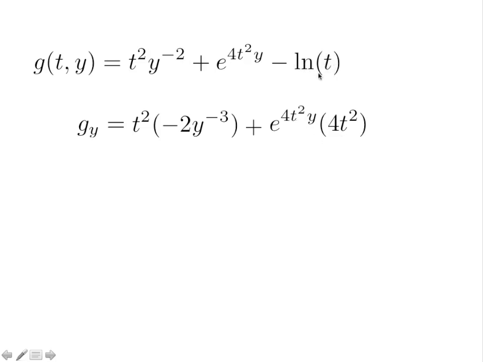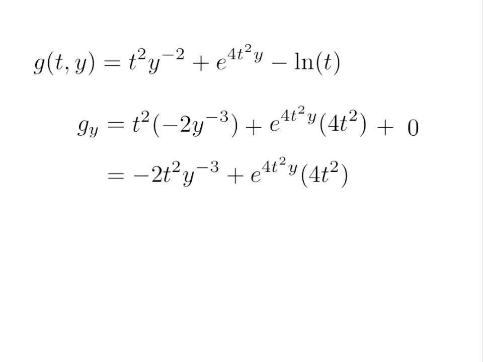And for the last term, you don't have anything related to y, so the derivative of ln of t becomes 0. Now, if you rewrite this right-hand side expression and drop the 0, you're going to get negative 2. You can bring this in front, or you can leave it like this if you want. But in this case, just for the purpose of the video, I'm just going to bring negative 2 into the front. So you just found the first partial.